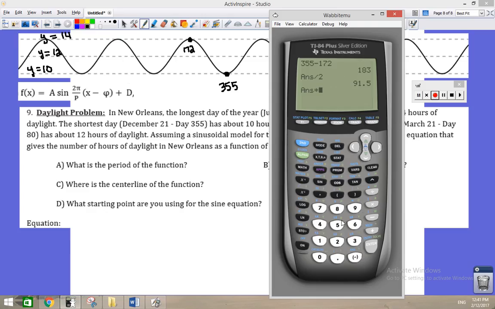If I multiply that by 4, 366. So whether we call this period 365 or 366, I don't think is going to make that much of a deal. The period's 366 days. I don't know, so maybe it's leap year.